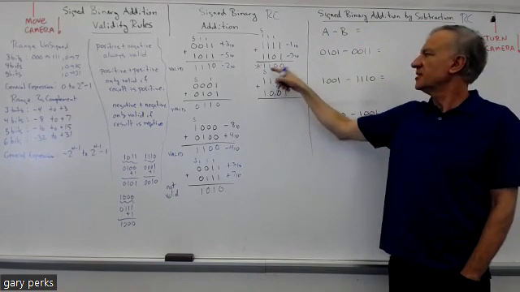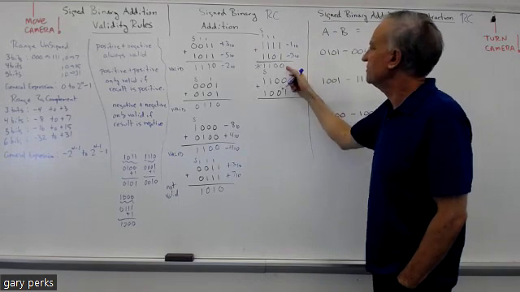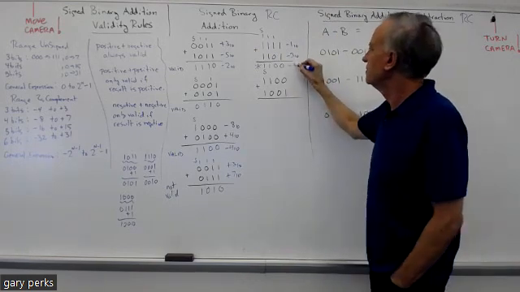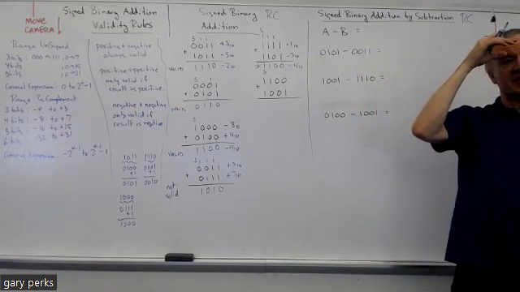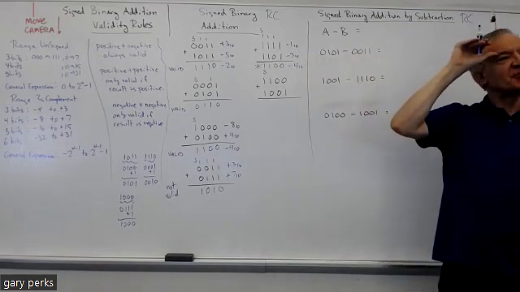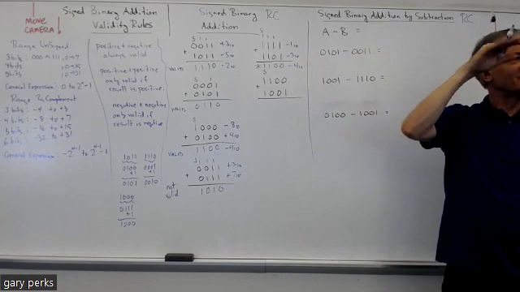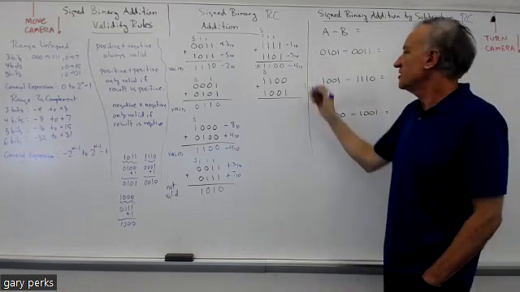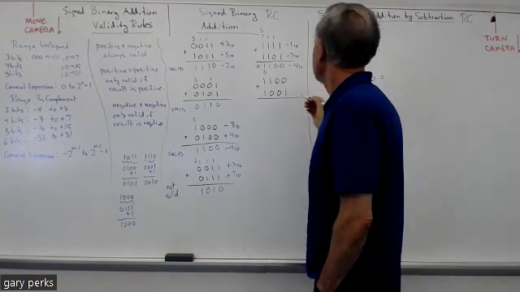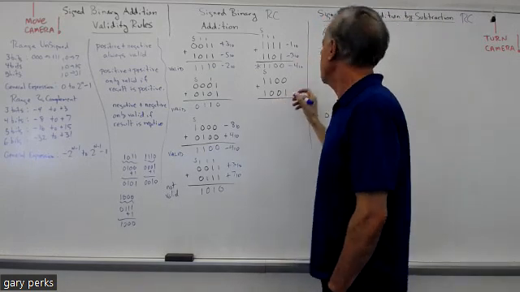Yep. The sign bit is 1, so negative, flip the bits, add 1, get 4. It looks strange at first, but then it starts to make sense after you look at it for a while. All right, let's do the last one here before we get to subtraction by addition.